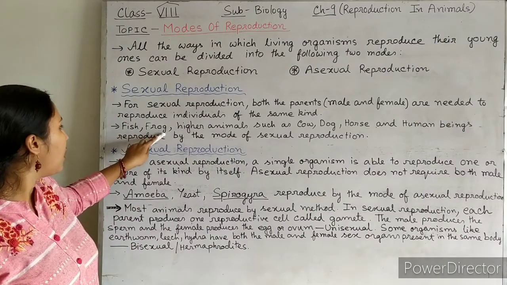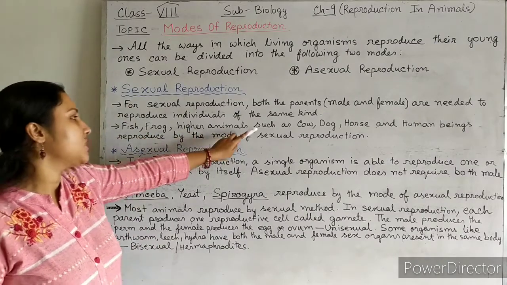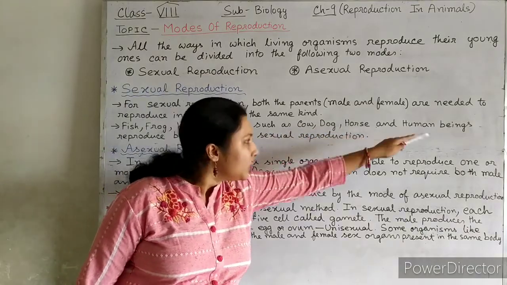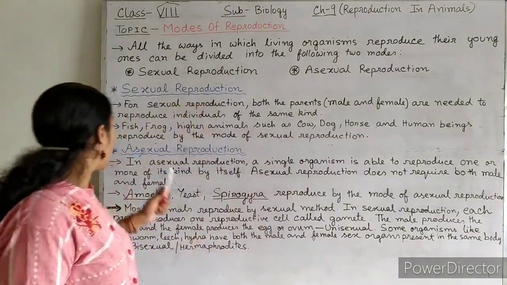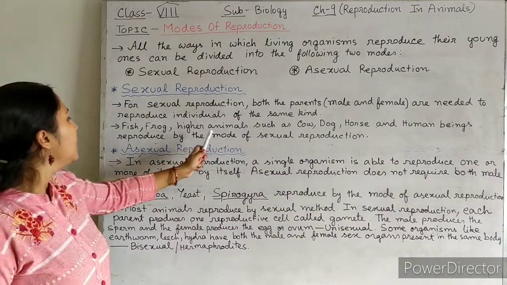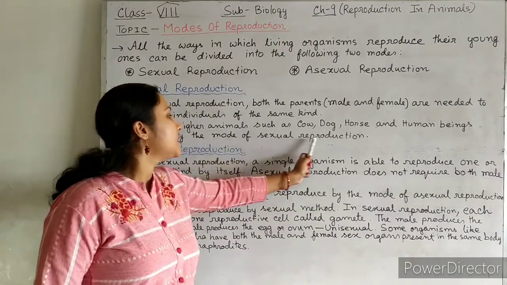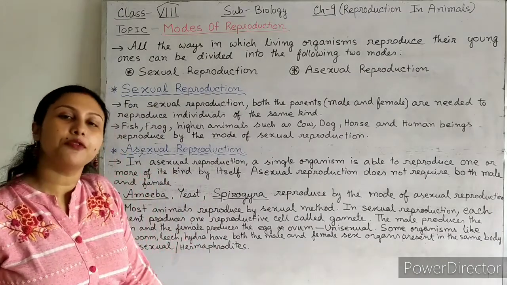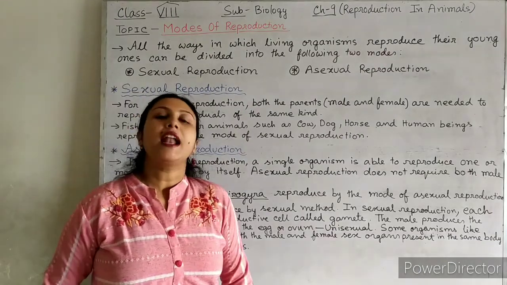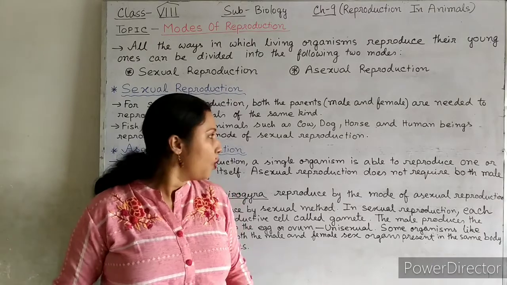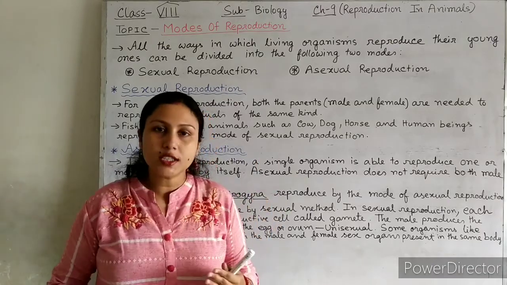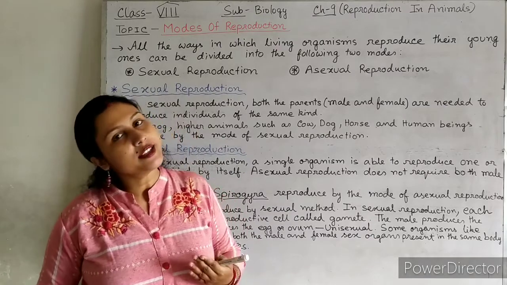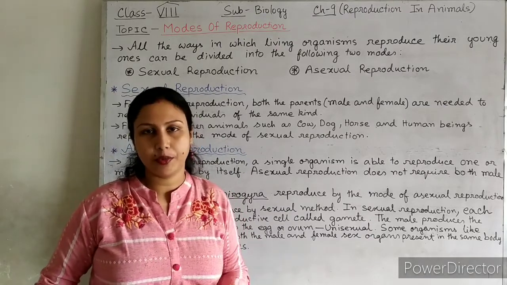Fish, frog, and higher animals such as cow, dog, horse and human beings reproduce by the mode of sexual reproduction.